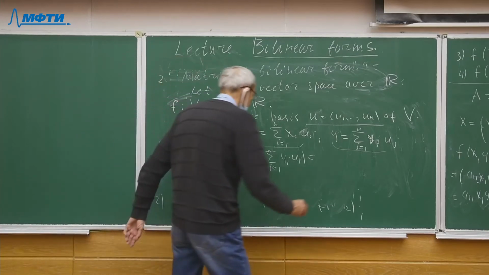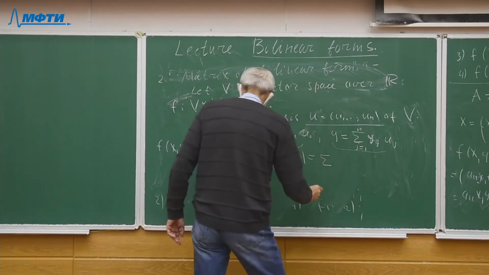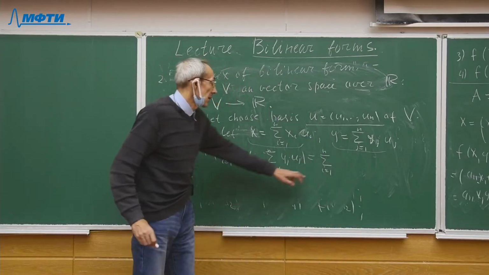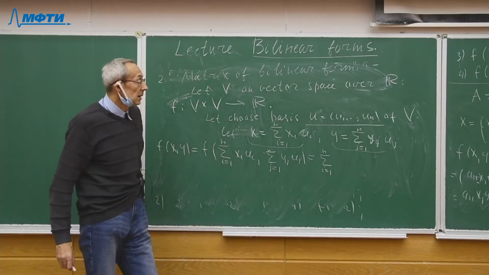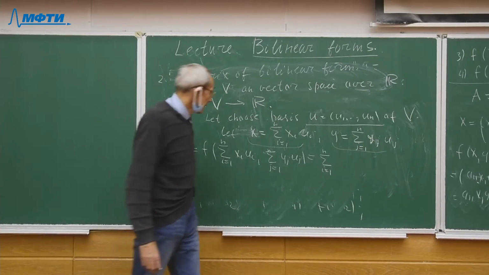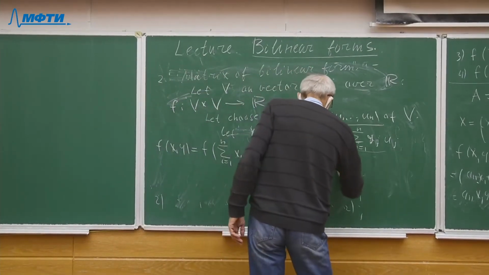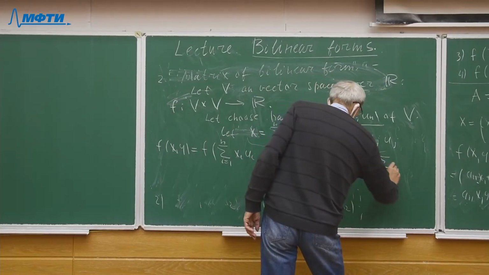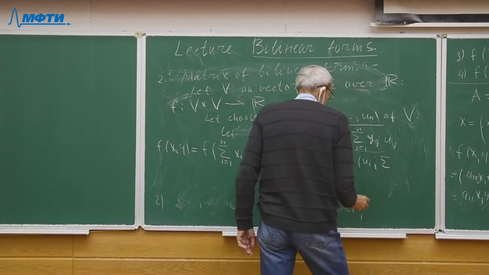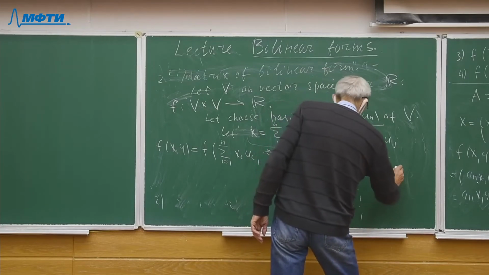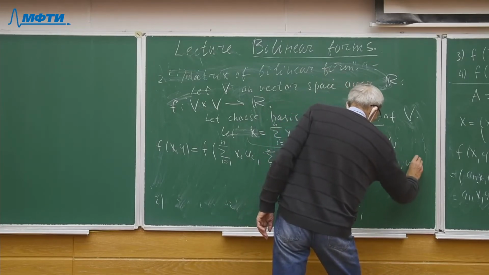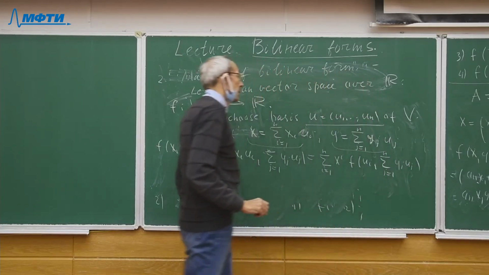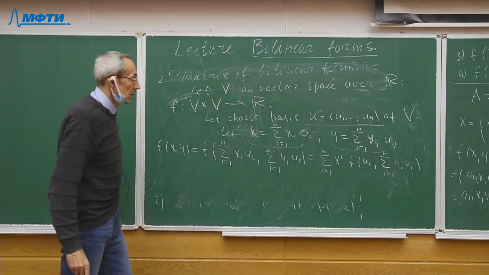We obtain that this expression is equal to the sum over indices i of xi times f of ui and the second factor, the sum of yj uj, where j goes from 1 to n.